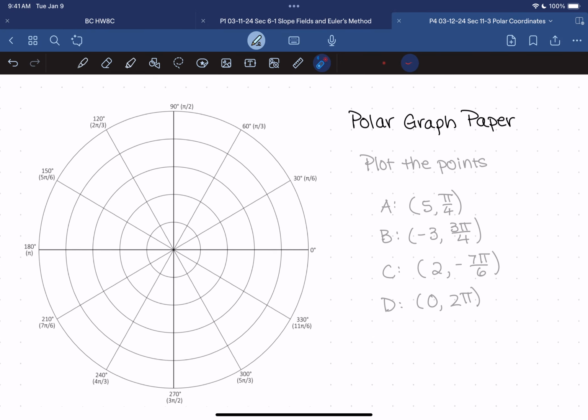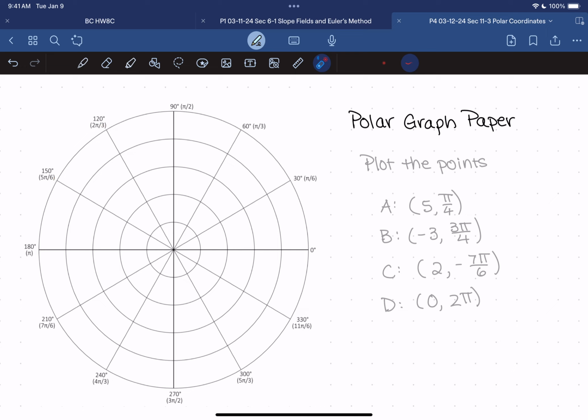Just to test yourself, try plotting these points. Actually, let me back up in case you haven't seen a polar graph before. A polar graph, rather than being in a grid form, looks like concentric circles. We still call this the origin, and we have concentric circles drawn around it, and then we have the angles drawn.